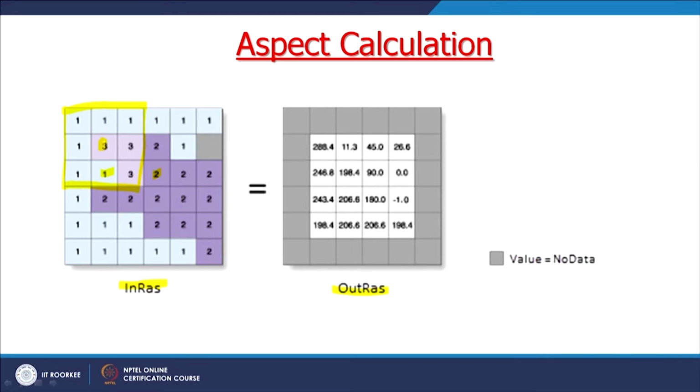Here, with reference to this, this and this all have lower values than this. That means for this cell the slope will be like this, and the aspect is in the northwest direction, as you can also see here.